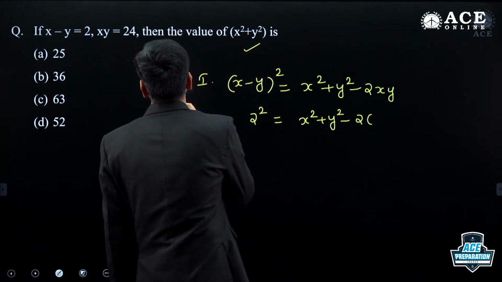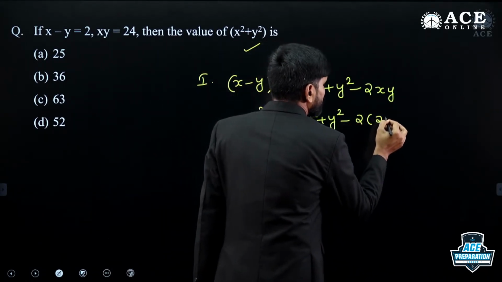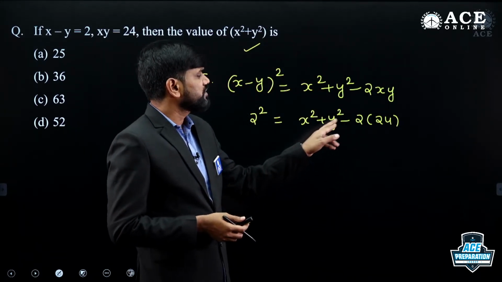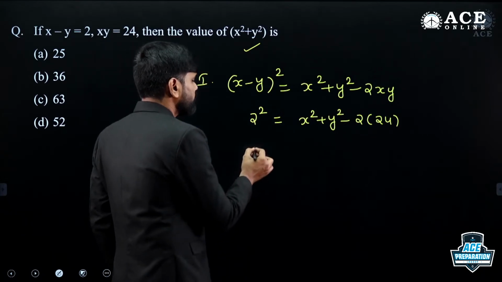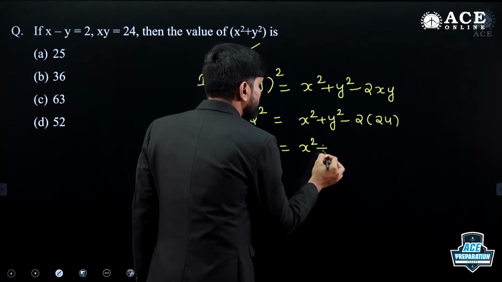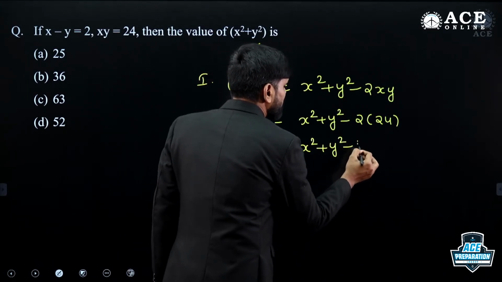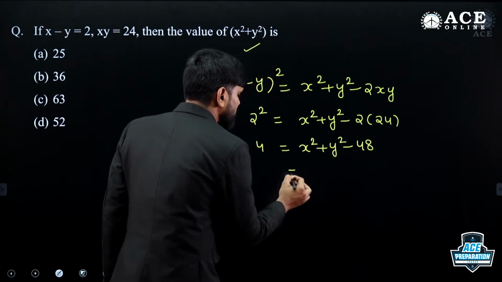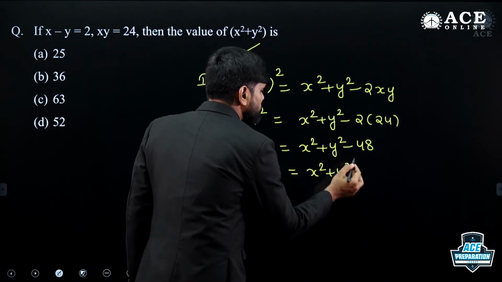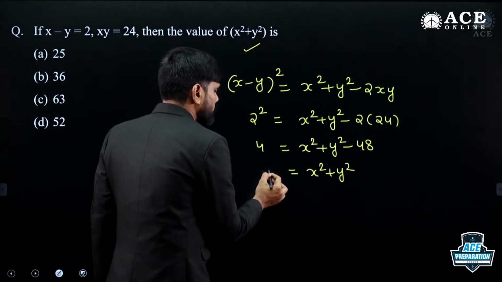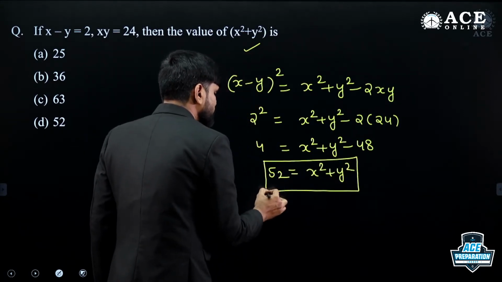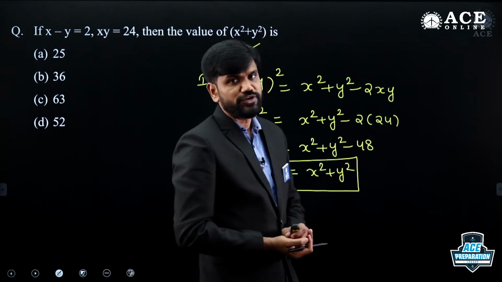What is the value of xy they have given? 24. So 4 is equal to x square plus y square minus 48. From this I can say that x square plus y square is equal to 4 plus 48. That becomes how much? 52. The value of x square plus y square must be equal to 52.